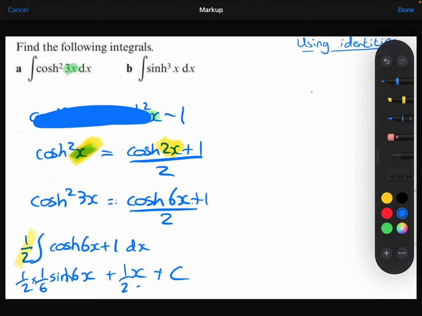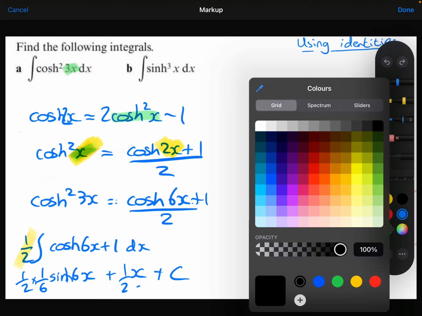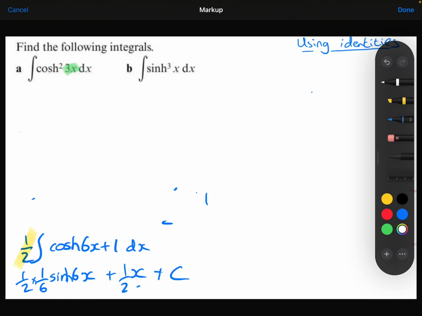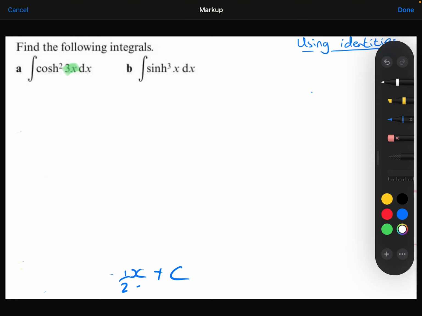Okay, so that's going to simplify to be 1/12 sinh 6x plus half x plus c. And then that's that first one done.